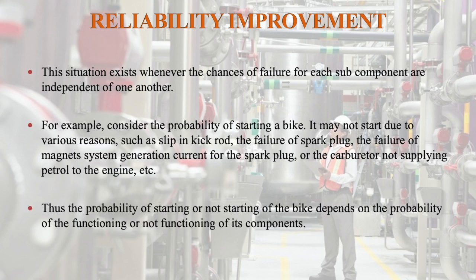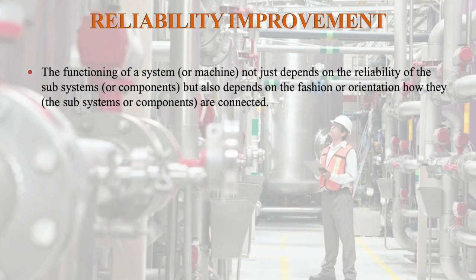Thus, the probability of starting or not starting of the bike depends on the probability of the functioning or not functioning of its components. The functioning of a system depends not just on the reliability of the subsystems but also on the fashion or orientation in which they are connected.